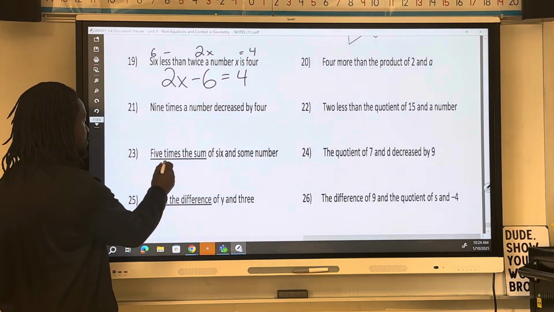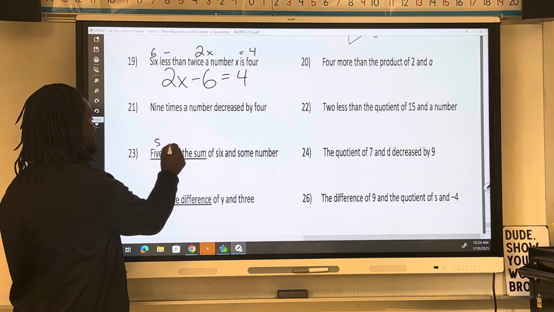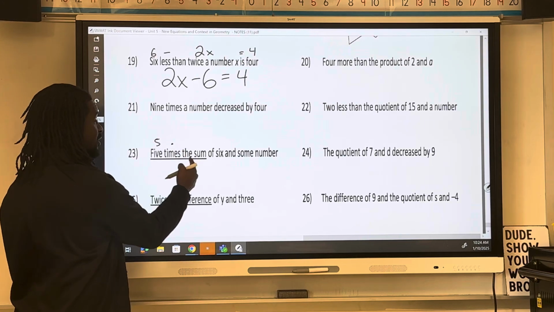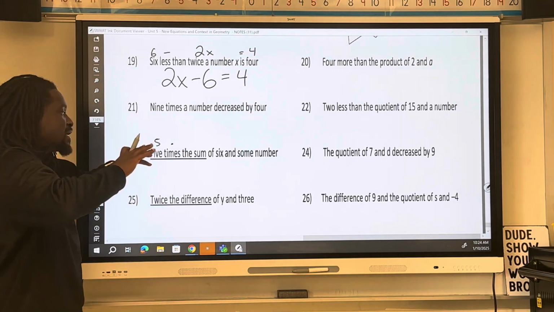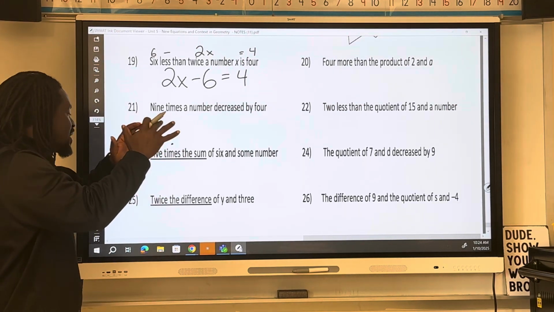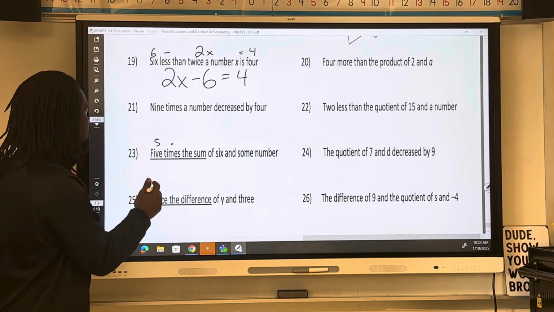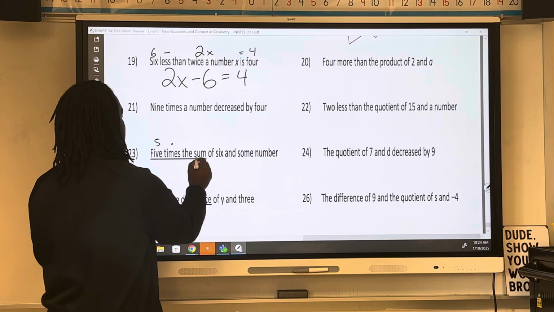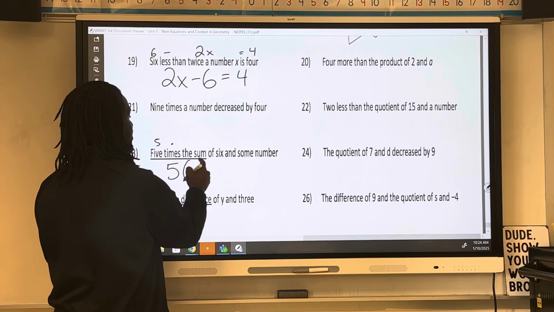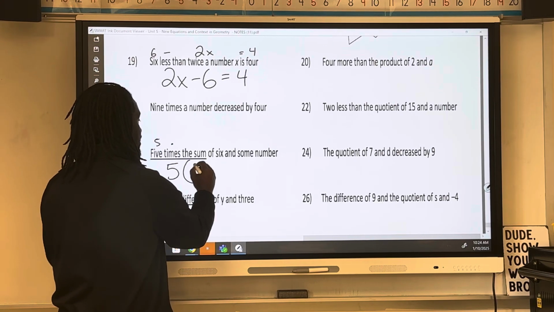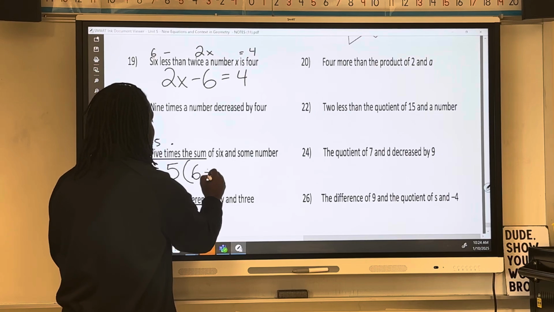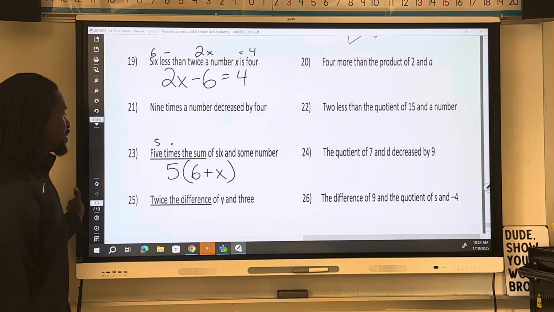So if you see we are multiplying 5 times the sum of. Now when I do that, because I am multiplying it by the sum, I have to put parentheses around what follows. So this is going to be 5 times the sum of 6 and some number, which is x.